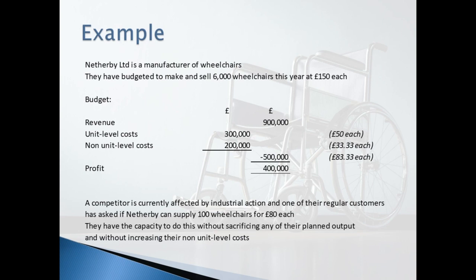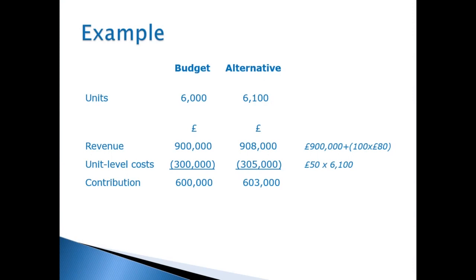So remember the rule. We're going to have a look at the contribution. What does this do to the contribution? So there's the original budget on the left, which we've already seen, and then on the right we've made the changes.